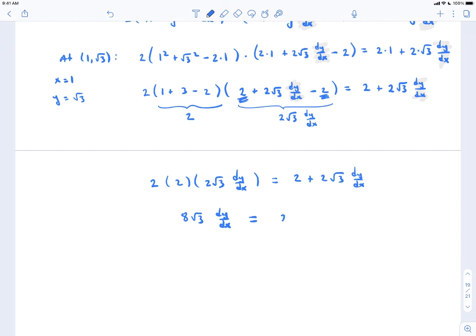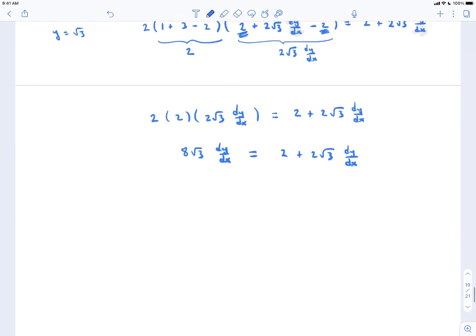And on the right, we have 2 plus 2 square roots of 3 dy dx. Again, we're just solving for dy dx. So we get them all on the same side, so we'll have 8 square roots of 3 dy dx minus 2 square roots of 3 dy dx is equal to 2.